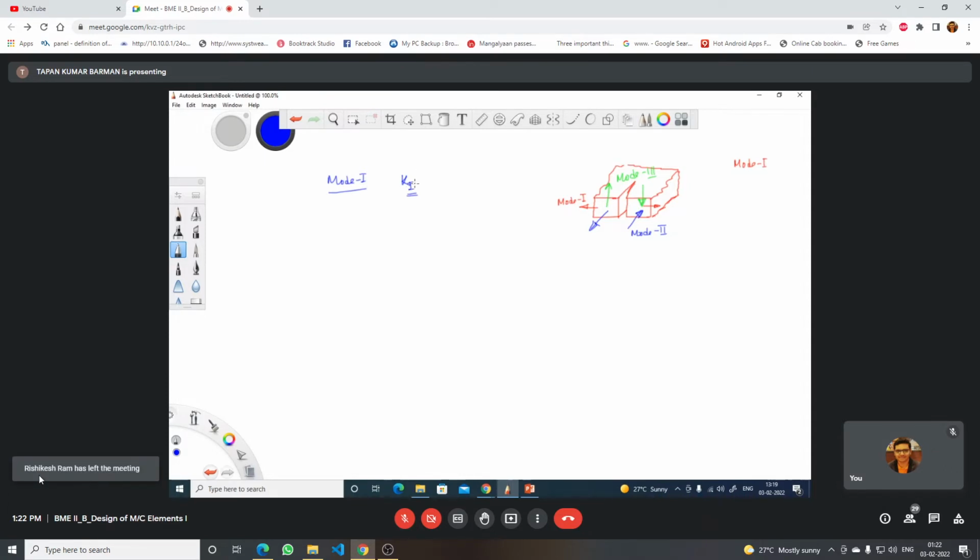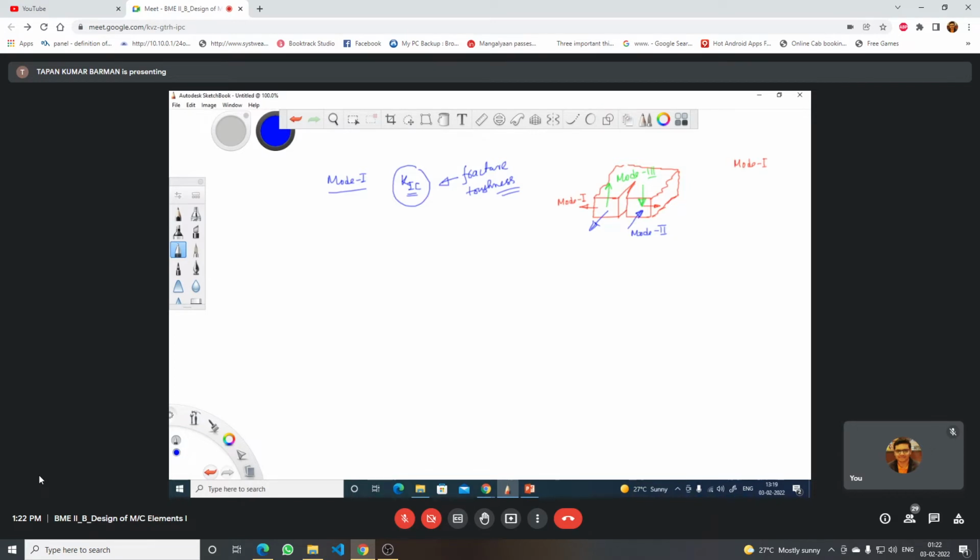The critical value of K1 is basically K1C. Now how is this K1C determined? This K1C is basically the fracture toughness, and using it we may design a particular component under fracture.